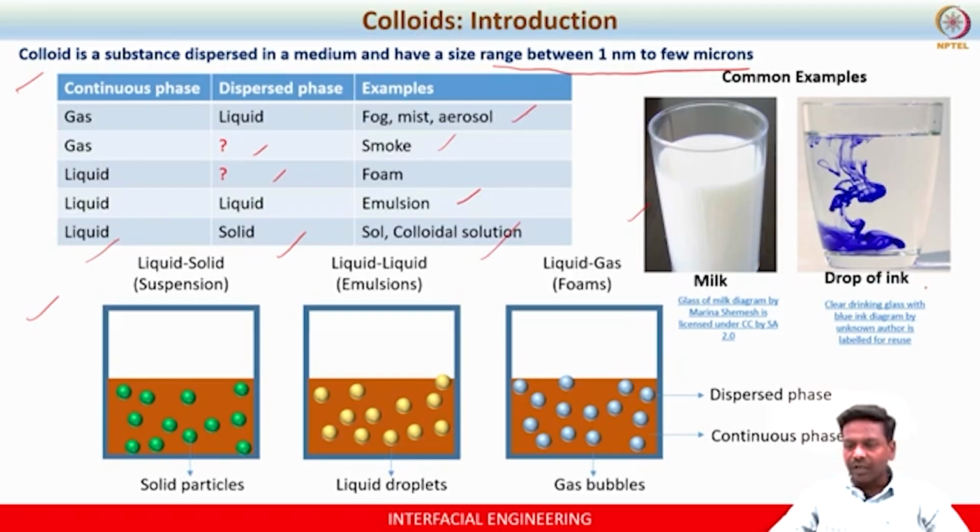When we talk about ink, ink is a colloidal system, because the pigment or dye that is dispersed in water is a colloidal system. If you shine a light, you can see these pigment particles scattered everywhere.